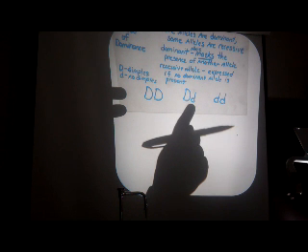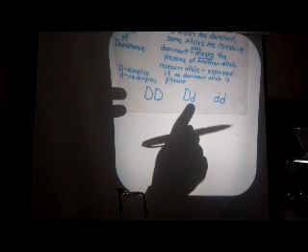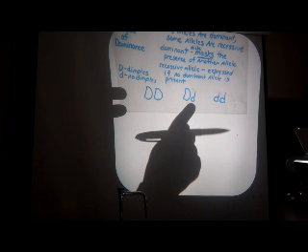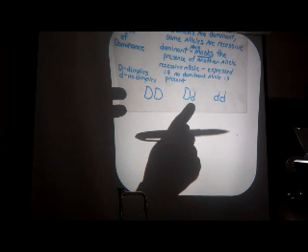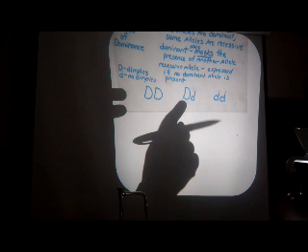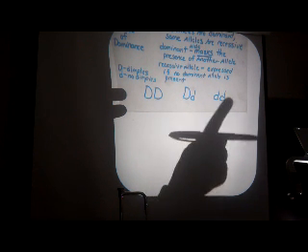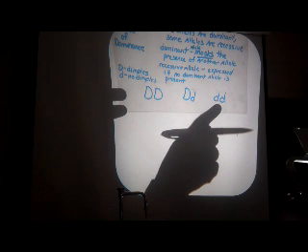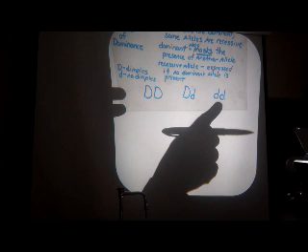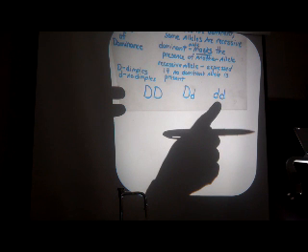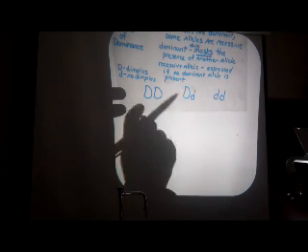So even though this individual has a recessive allele, lowercase letter, they're not going to express that trait. They're going to express the dominant trait, dimples. Only when you have two lowercase letters will that recessive allele be expressed. So this individual over here, no dimples. Very important that we get that. Okay, that's all that says.